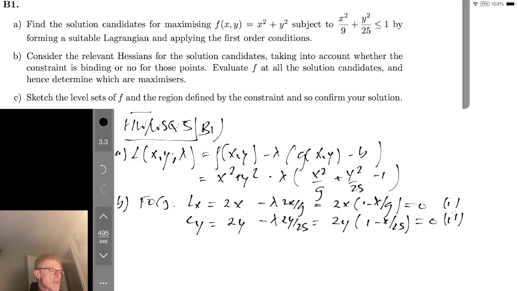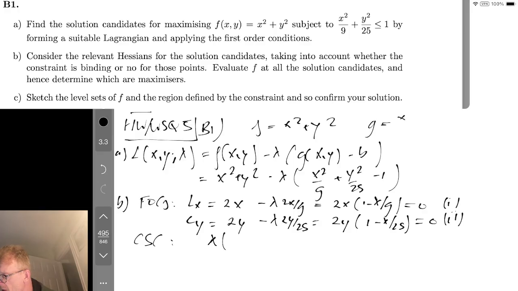Then we need the complementary slackness condition, in this case 1, so you have only 1 inequality constraint. We better say this. We have an f which is x squared plus y squared and a g which is x squared over 9 plus y squared over 25 less or equal than 1.